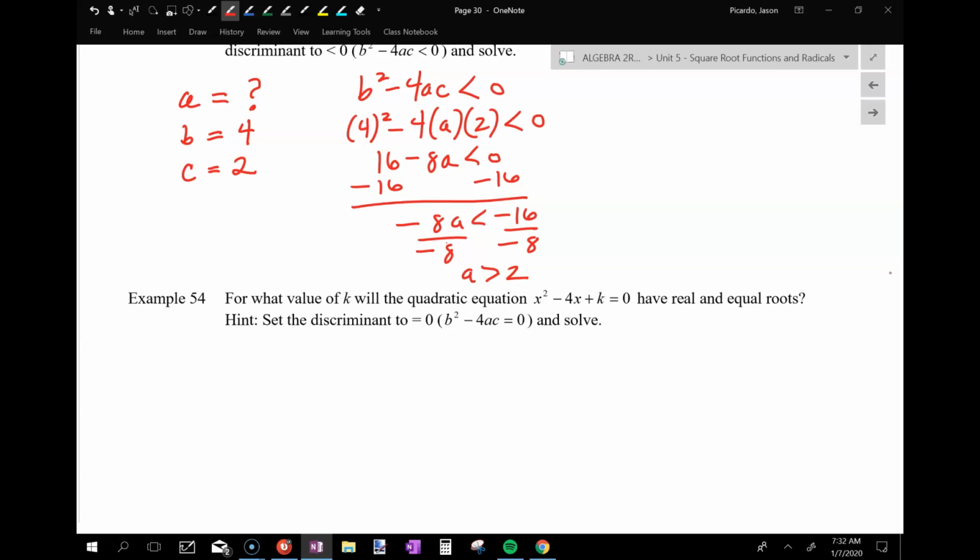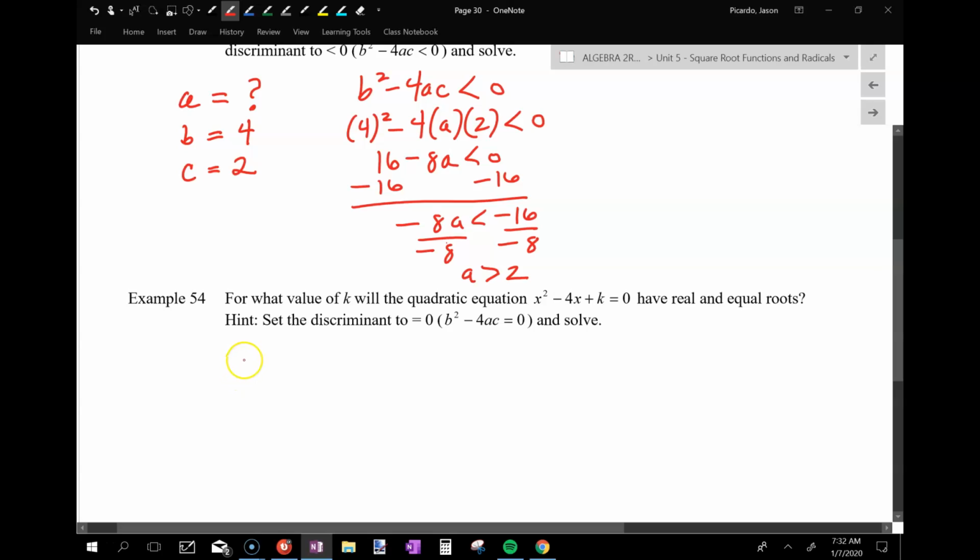Okay. So my a value is 1. My b value is -4. My c value is k.